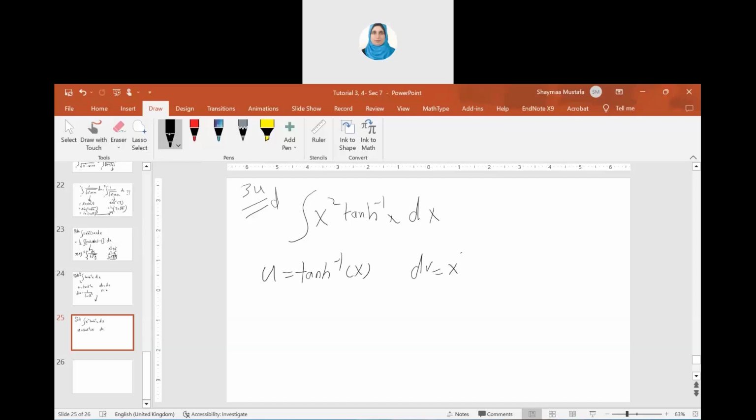And dv is x squared dx. Then du will be 1 over 1 minus x squared, and v is x cubed first, because we are integrating here.